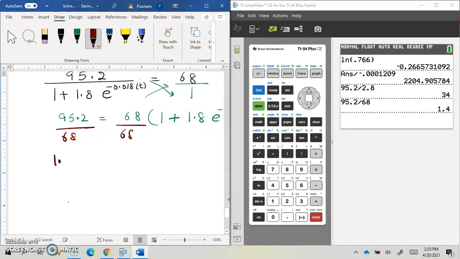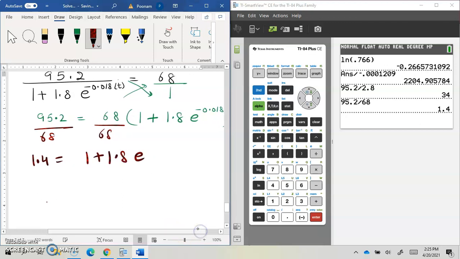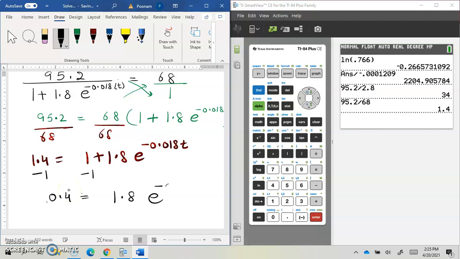So we have 1.4 is equal to 1 plus 1.8 times e raised to the power negative 0.018 times t. Our goal is to find t. So we can subtract 1 on both sides. We will have 0.4 is equal to 1.8 times e to the power negative 0.018t. We can divide by 1.8 on both sides.